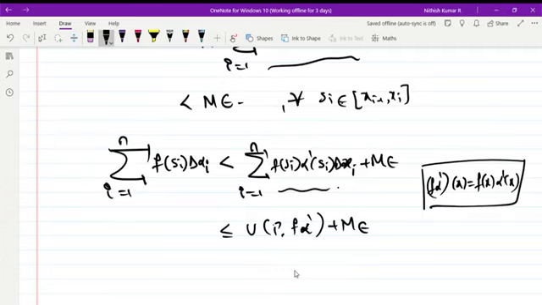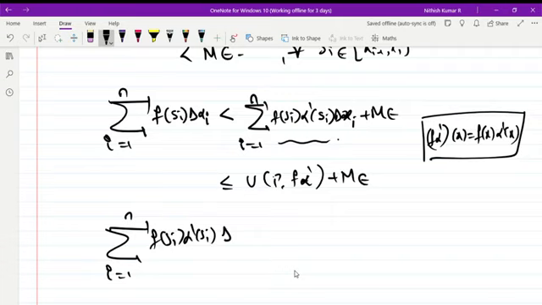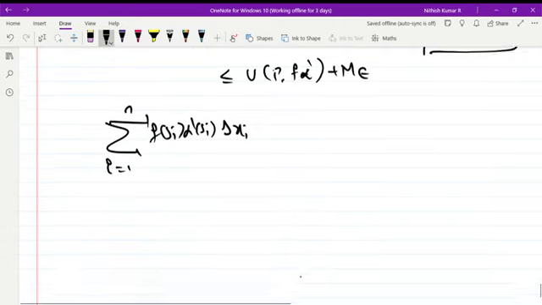Okay, now similarly, considering in another way, the summation i equals 1 to n of f of si alpha dash of si delta xi.